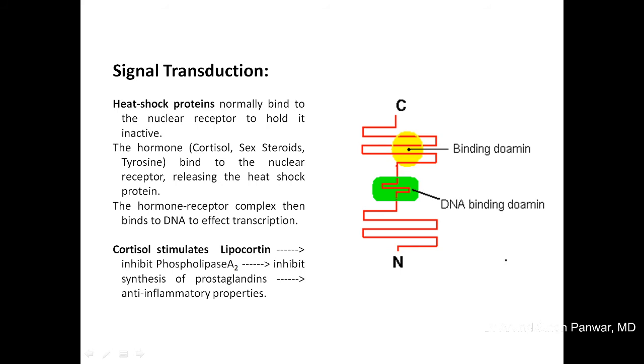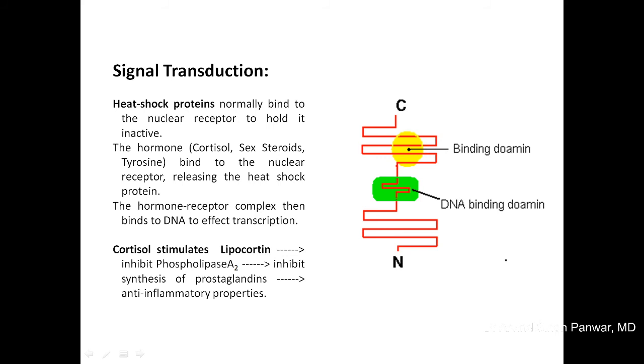Now, signal transduction. Heat shock proteins normally bind to the nuclear receptor to hold it inactive. The hormone, that is cortisol, sex steroid, thyroxine, binds to the nuclear receptor, releasing the heat shock protein.